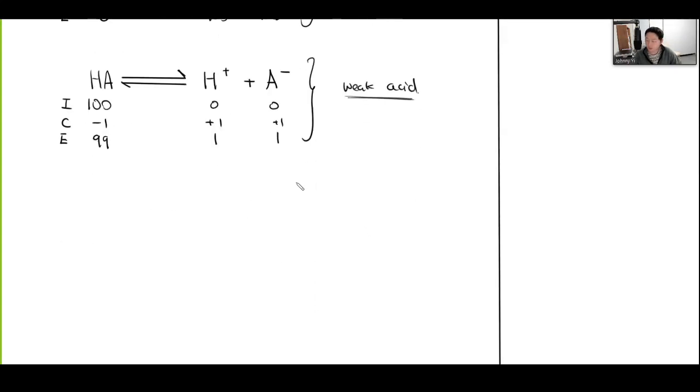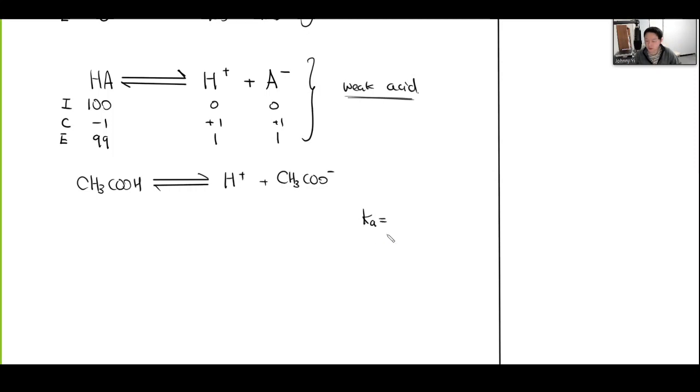Now, an example for that is CH3COOH. That's ethanoic acid. That's in vinegar, right? So this produces that and that. Like that, okay? And we talked about the Ka last week.